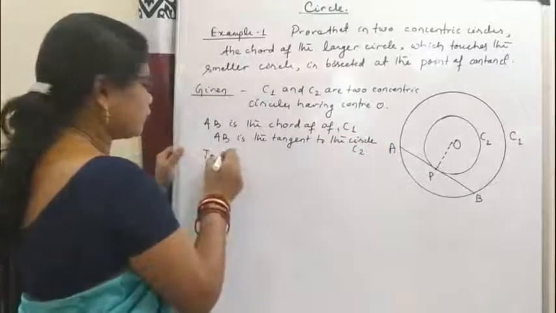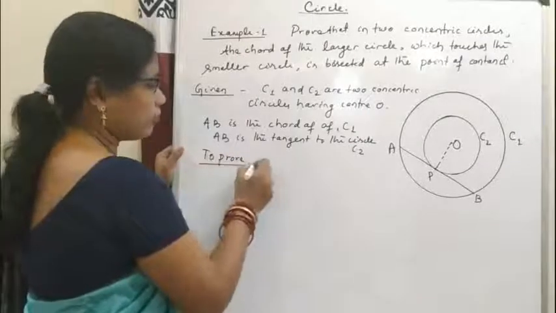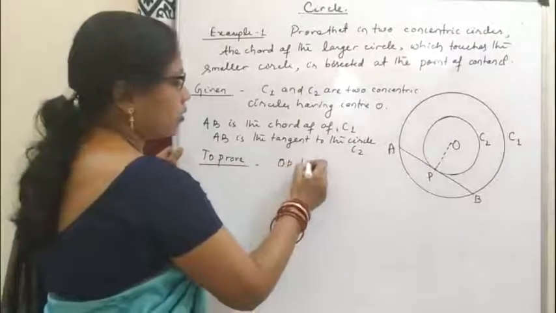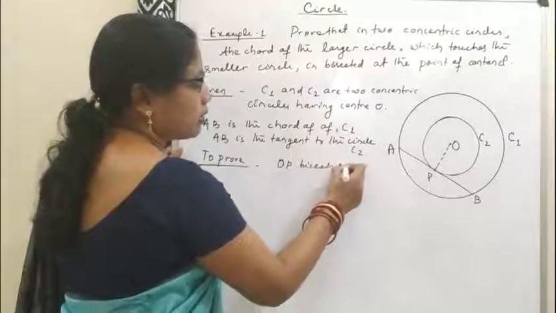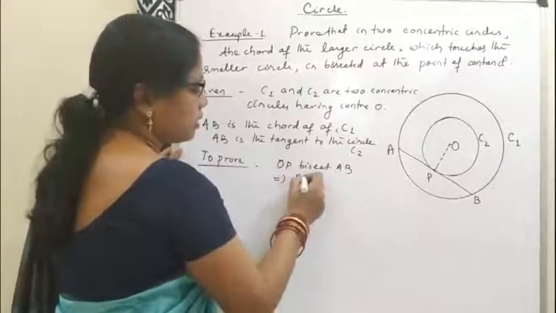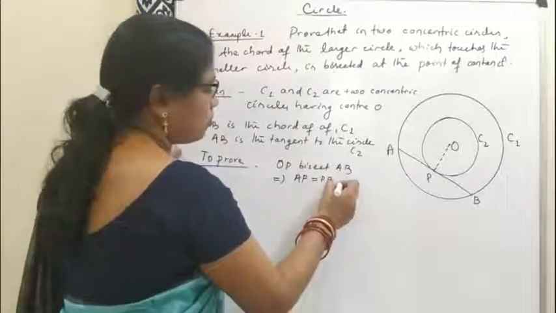Then to prove OP bisects AB. So this implies AP is equal to PB.